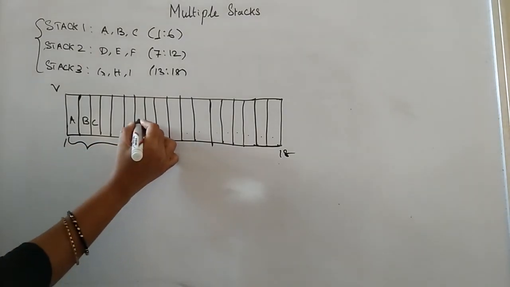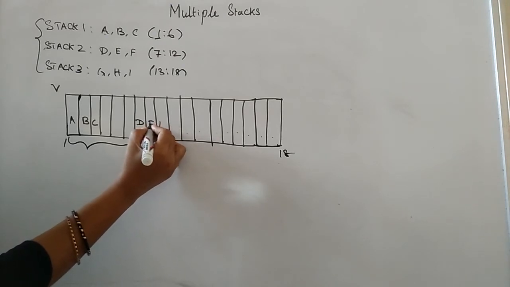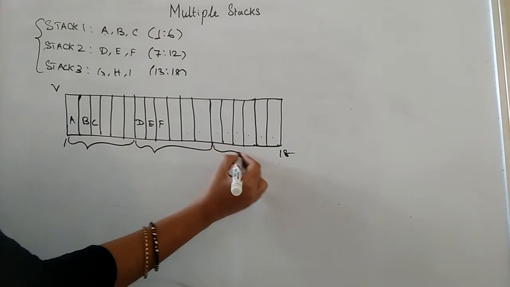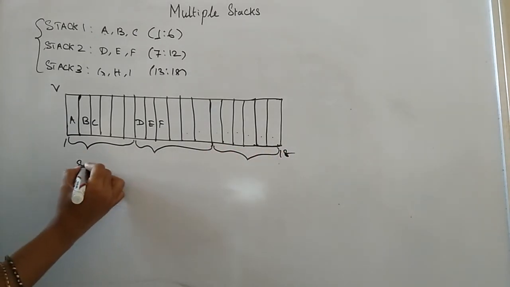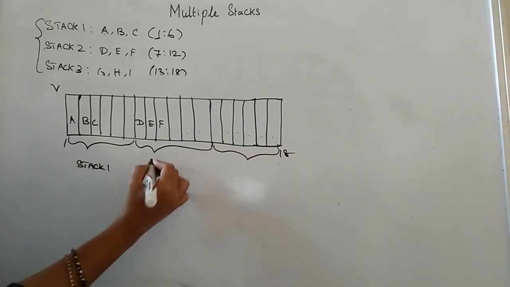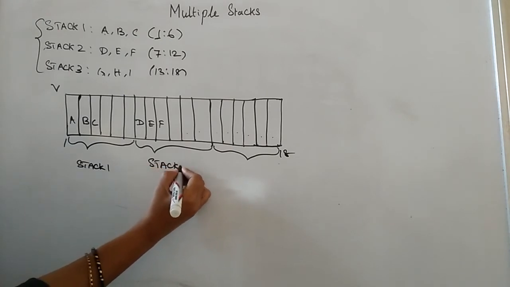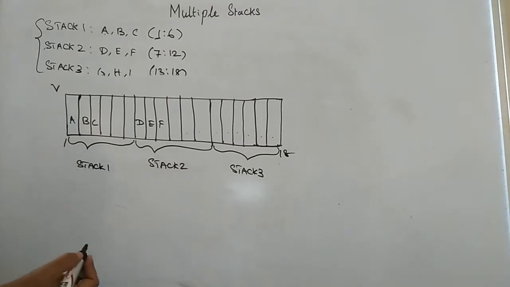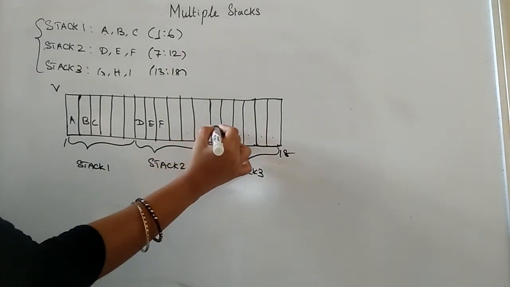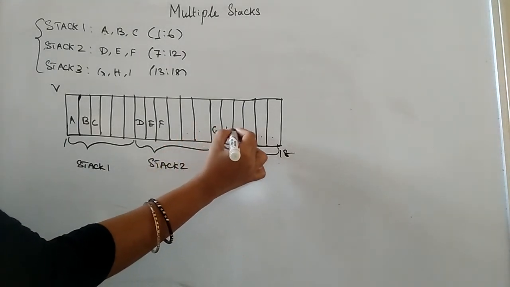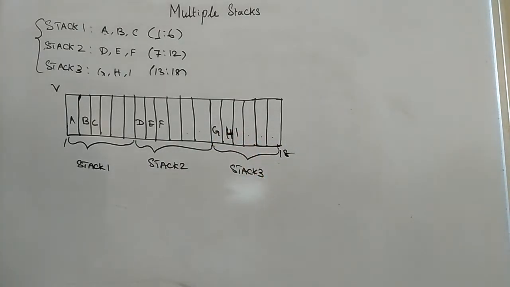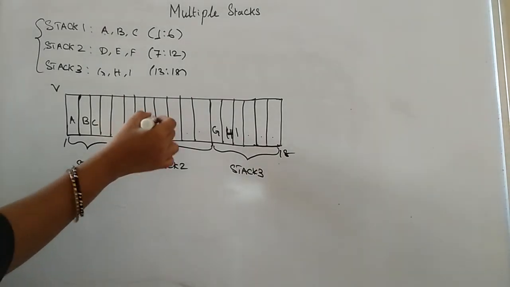And D, E, F, this is for stack 2, and stack 3, right? And here we are having G, H, I.